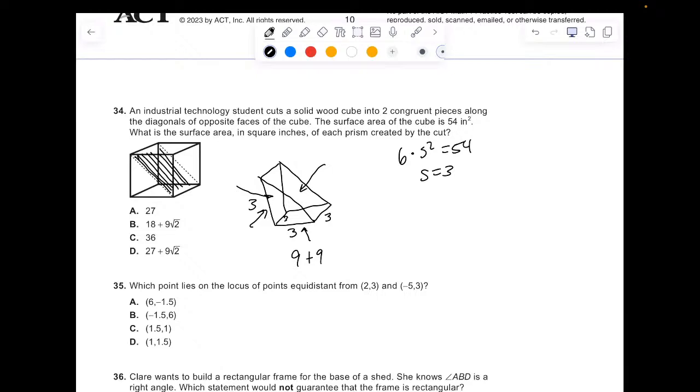And then we have 2 of them, so 3 times 3 is another 9. And then we have this face right here, which is going to be equal to 3 times 3 root 2, which is 9 root 2. 9, 18, 27, 27 plus 9 root 2.